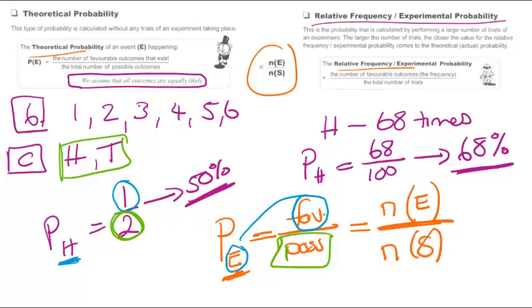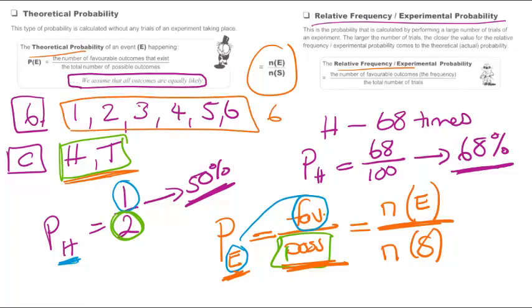Now the sample size is all the possible answers. Over here my sample is 2. Over here my sample is 6. So the NS here, because I have 6 options in the sample size. Okay.